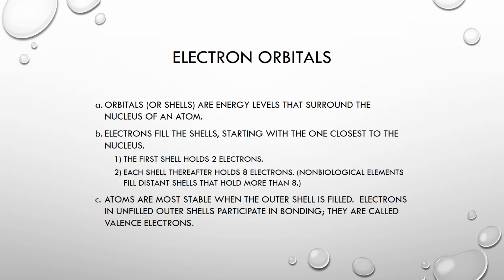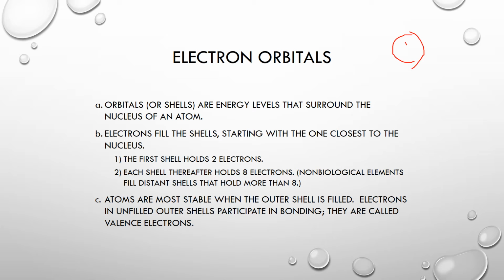So the electron orbitals, which we had just a little bit of an introduction to in the last slide, are the shells that surround the nucleus of the atom. So for instance, if I draw a little example here, pretend that's my nucleus, and then here we have this first shell for hydrogen, and it only has 1 electron, okay?